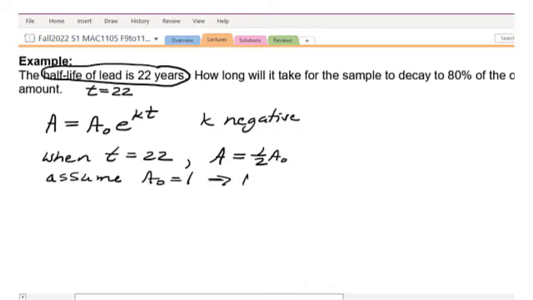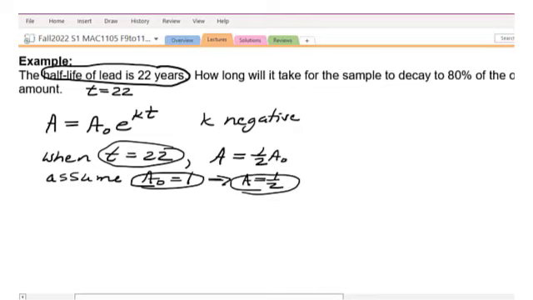Then that would mean that A would have to equal what after 22 years? 0.5, a half, that's right. So any time they tell you the half-life value, you can plug in A sub 0 as the starting amount being 1 and A to be a half, and you can solve for K. Does that make sense? Just assume the starting value is 1, then the ending value would have to be a half, and you can figure out what K is equal to.